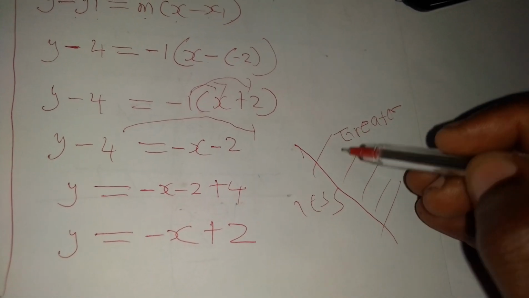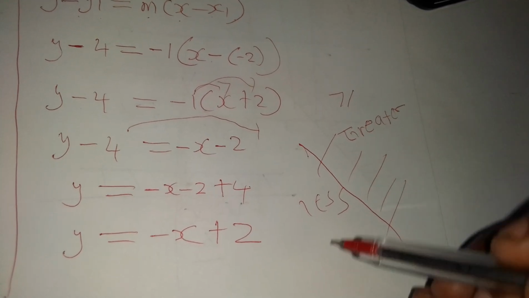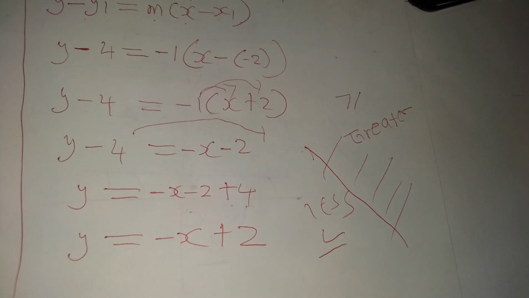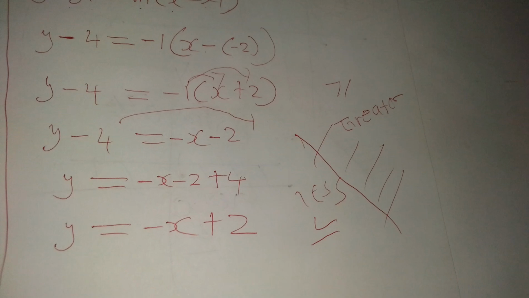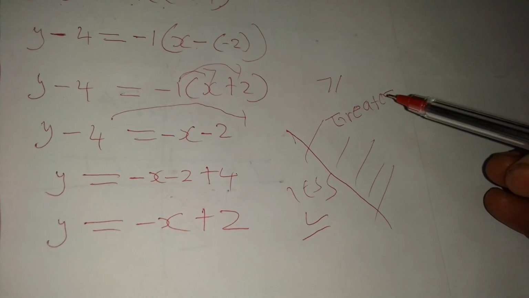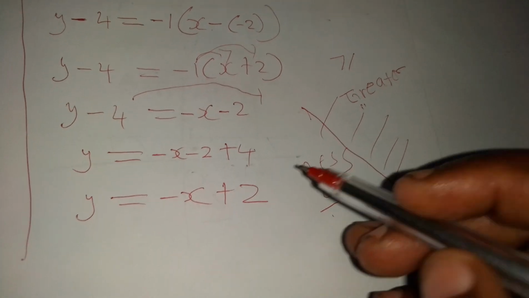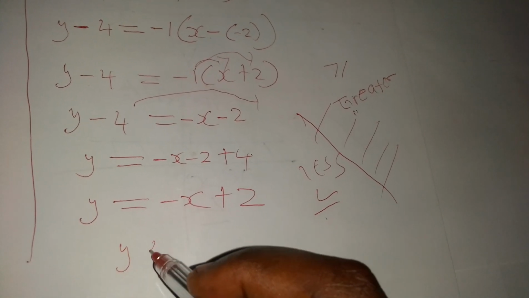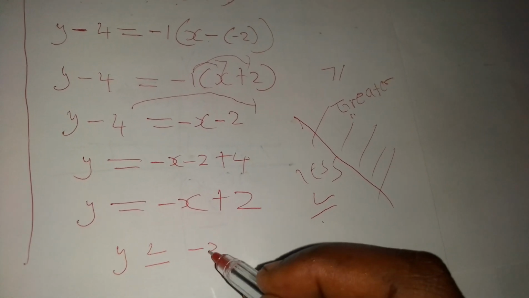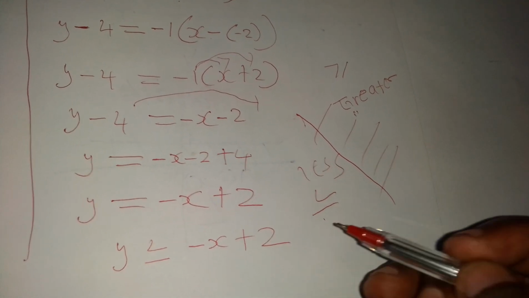Less than. Since it is solid, this is presented like this, and this is presented like this. You see that? So since they have shaded the greater than side, we'll pick less than. So we'll say y is less than or equal to -x plus 2.